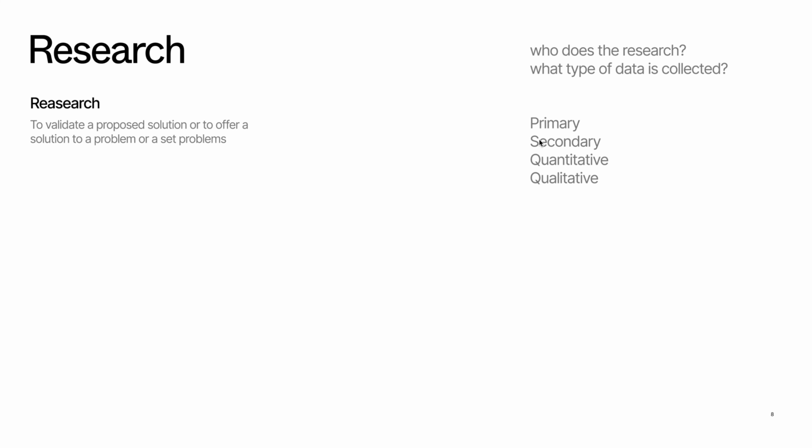Secondary research is data or information that was collected from a third party. An example would be looking up Google for particular statistics, let's say how many people use an immigration consulting firm. That is secondary research because somebody has already done that research and put the information online.